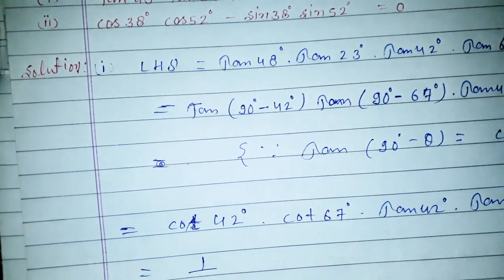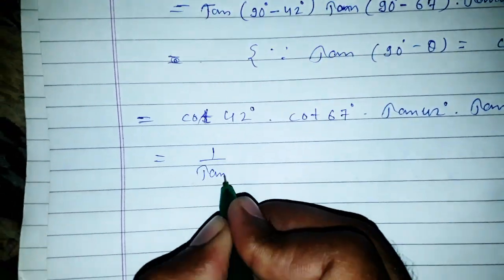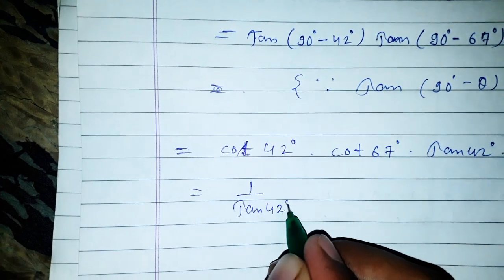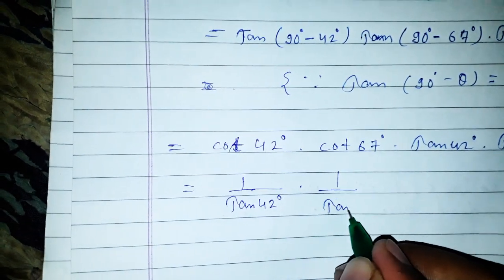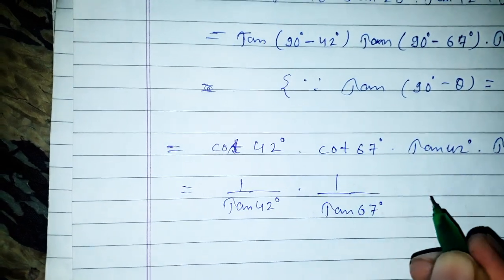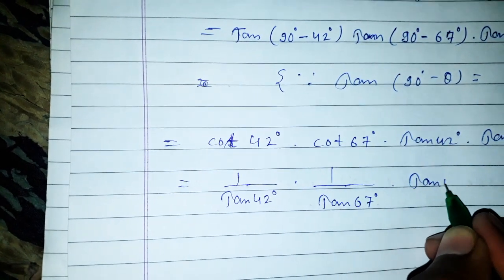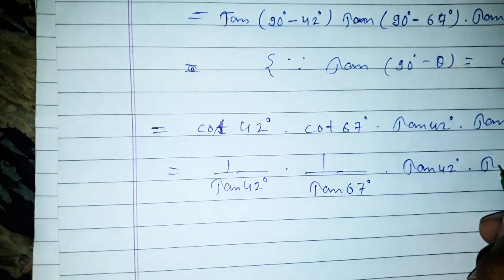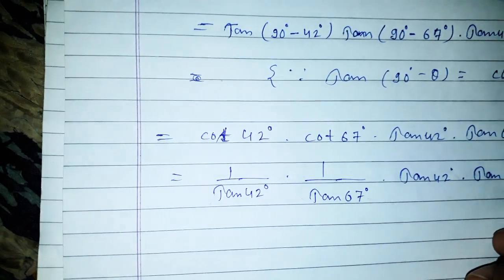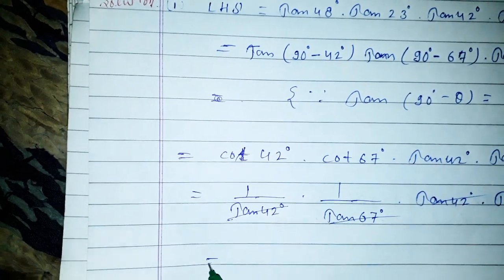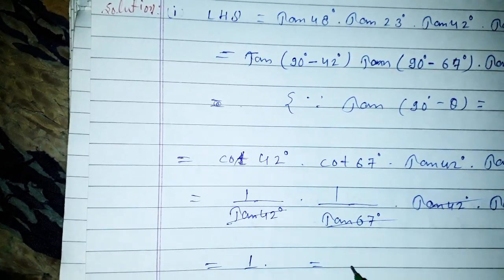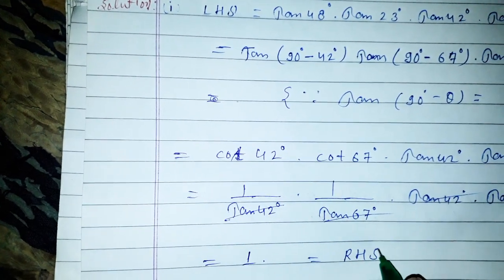This is 1 upon tan 42 degree into 1 upon tan 67 degree into tan 42 degree into tan 67 degree. These terms cancel. So this is 1, which is the RHS.